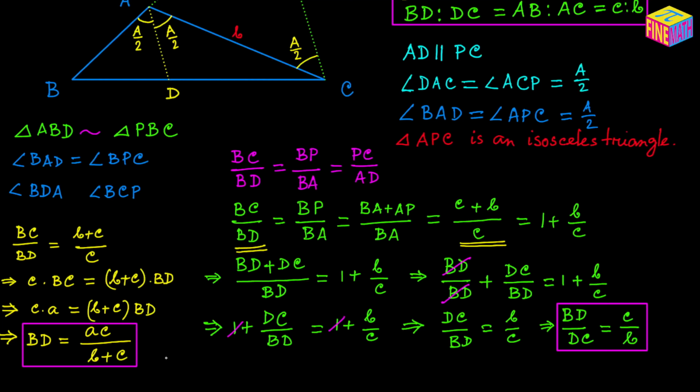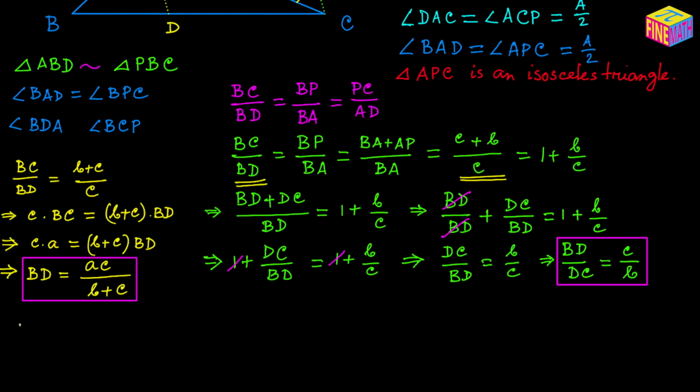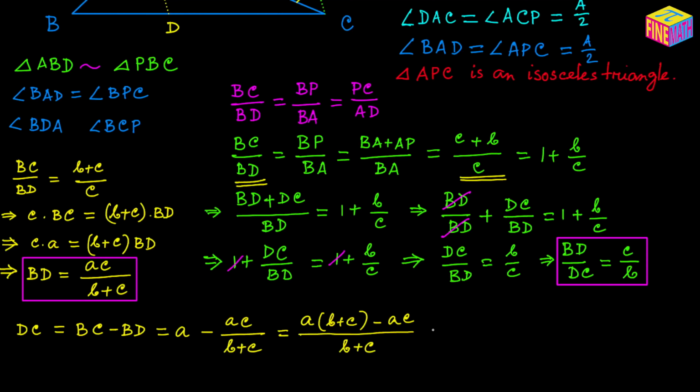And similarly we are going to find out the value of DC. Now DC is equal to BC minus BD, and what is BC? Well, BC is actually the side length a, minus BD, which we just found to be a times c over b plus c. From here we can say that this is equal to a times b plus c minus ac over b plus c, and that can be written as a times b plus a times c minus a times c over b plus c.